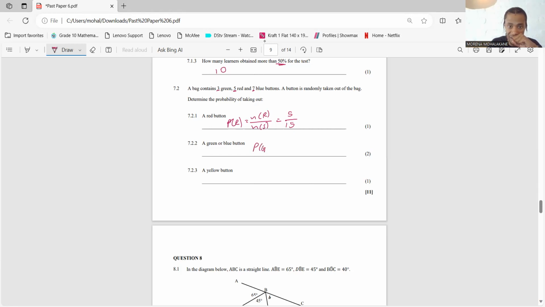Out of 15, there are 3 greens. How many blues out of 15? There are 7. So it's going to be equal to 10 over 15. Getting a yellow? There's no yellow here. There's no chance of getting that.